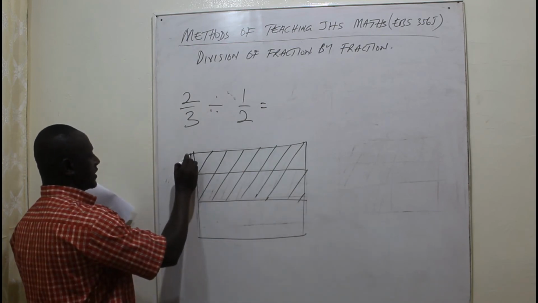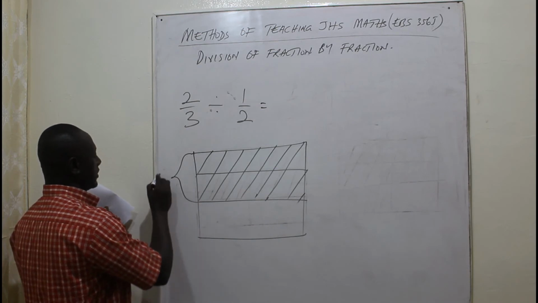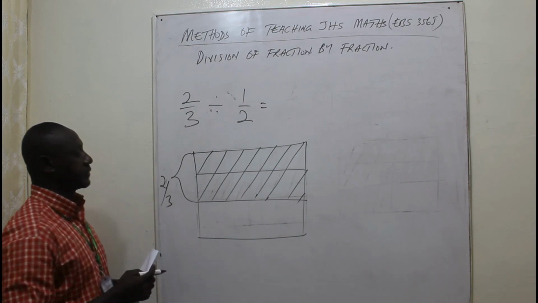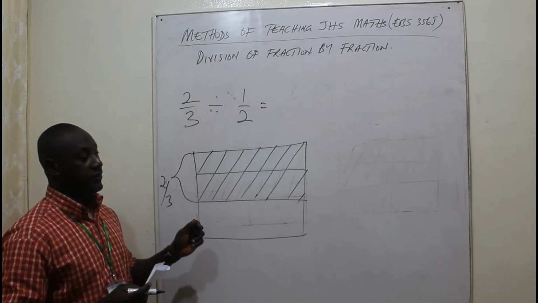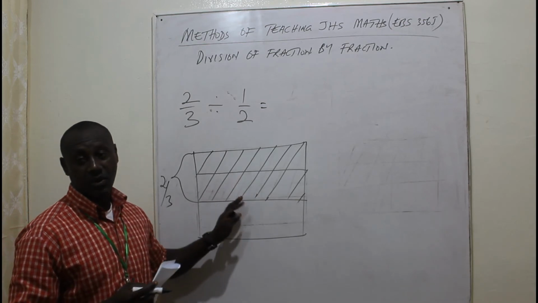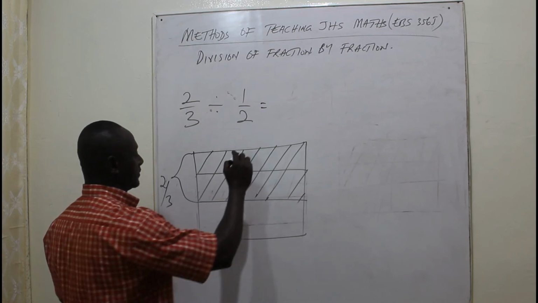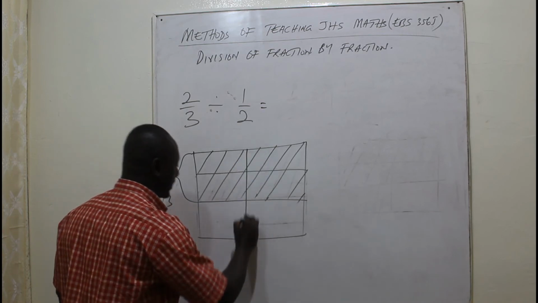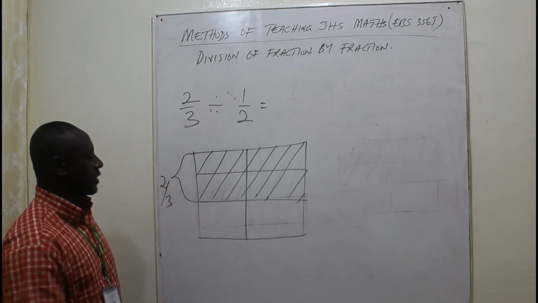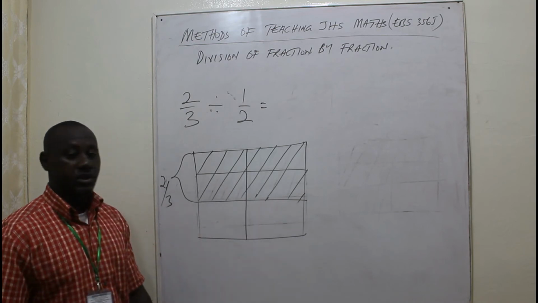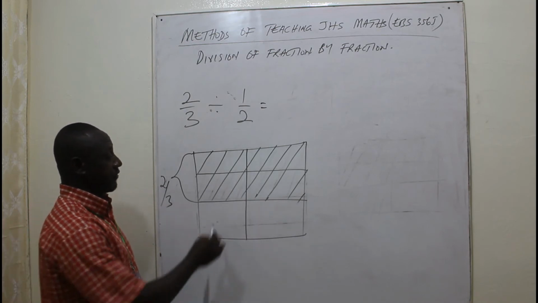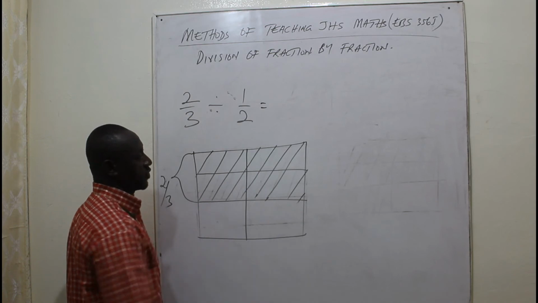And so this is going to represent the 2/3. Now we are going to have this 2/3 also divided into halves. So I'll do this in this way. So I've divided it into 2. And you will notice that I've gotten 4 of the shaded portions.